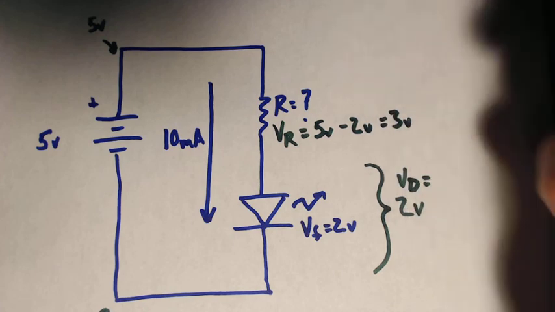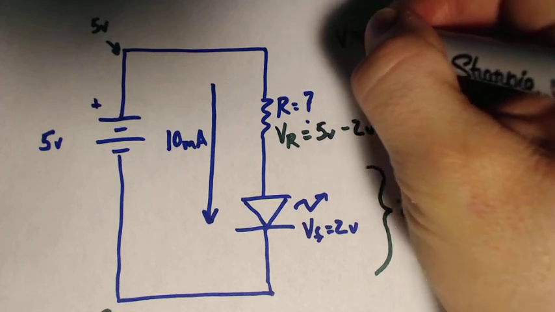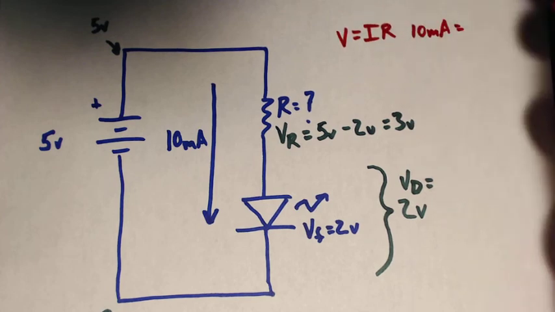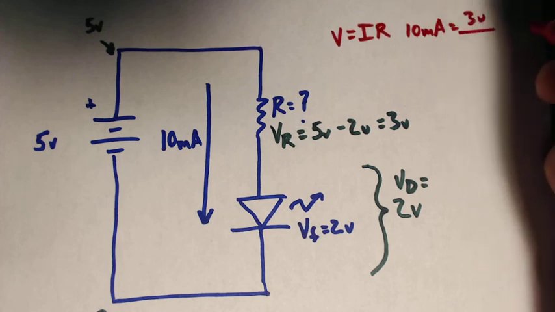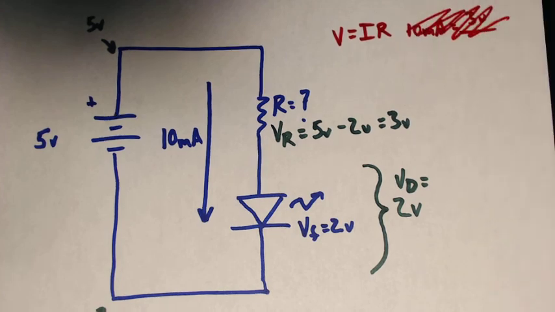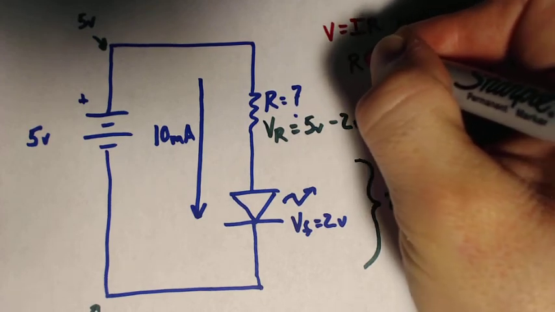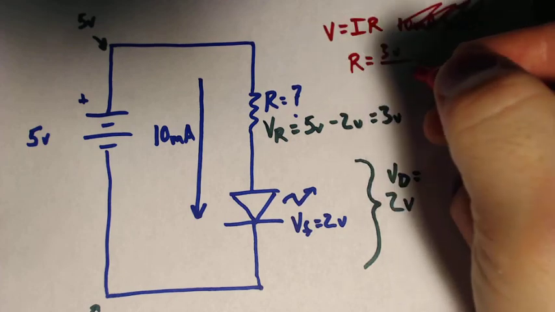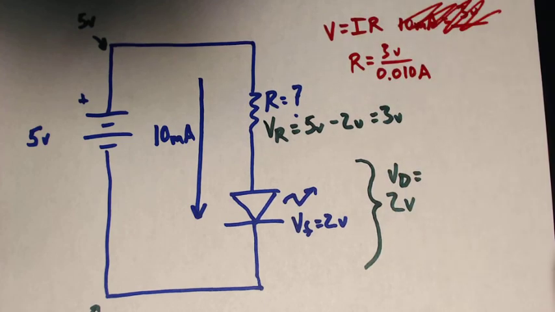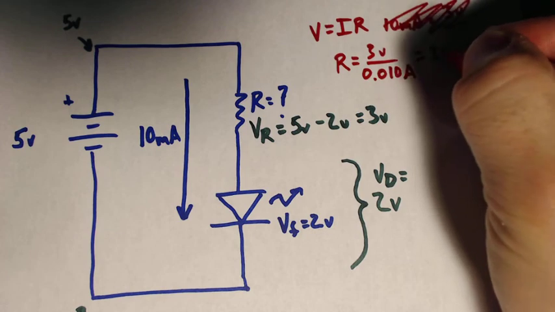Using Ohm's law, V equals IR, we want to say that R is equal to 3 volts divided by our desired current, 0.010 amps, which gives us the value of R as 300 ohms.